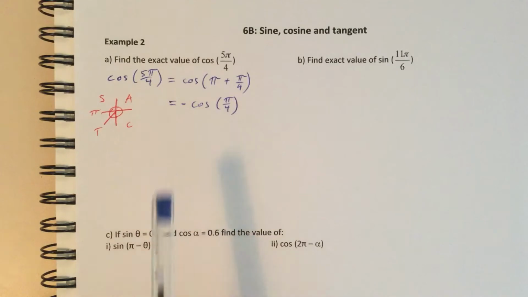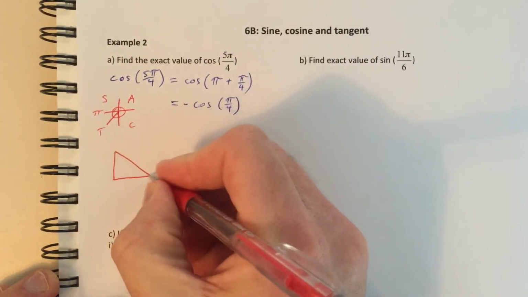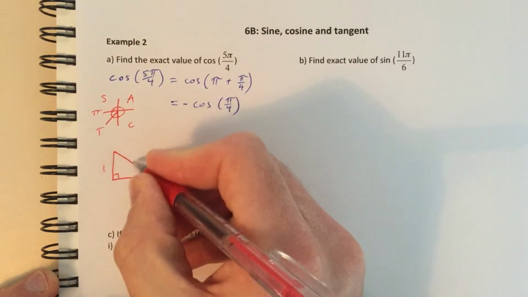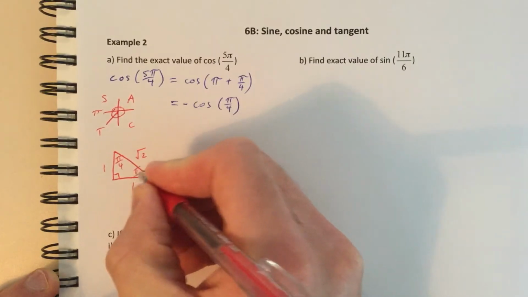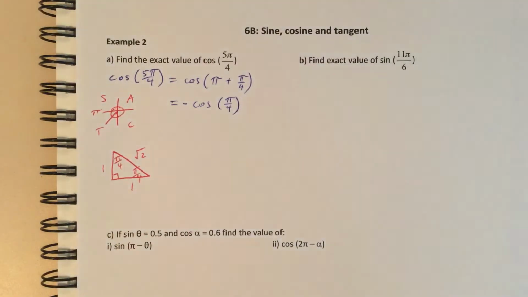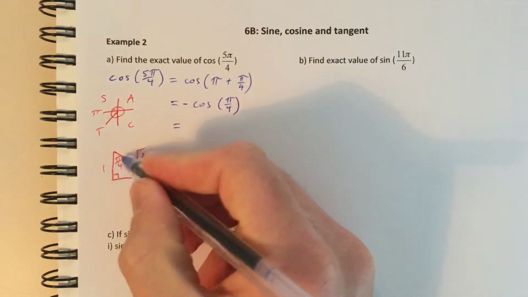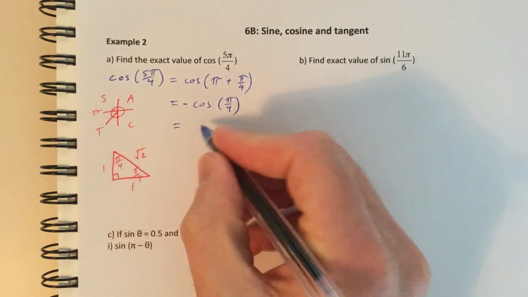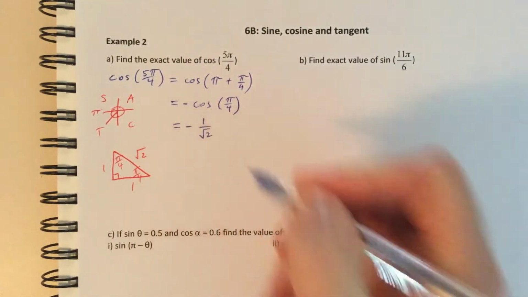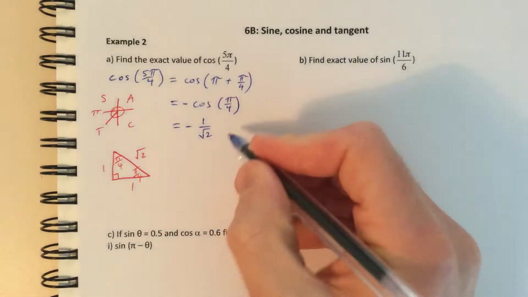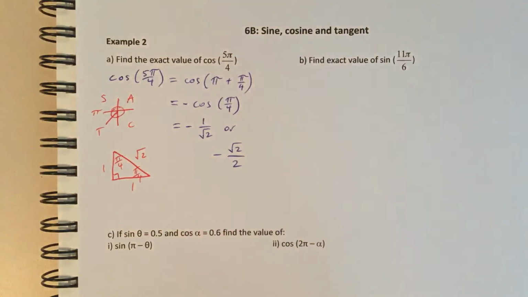So remember that to work out cos of pi on 4, we can go to our triangle that's got the pi on 4 angles in it, and cos of pi on 4, when we think adjacent over hypotenuse, doesn't matter which angle we pick here, either way it's going to give us 1 over root 2, but as a negative value, or negative root 2 on 2 if we rationalize the denominator.